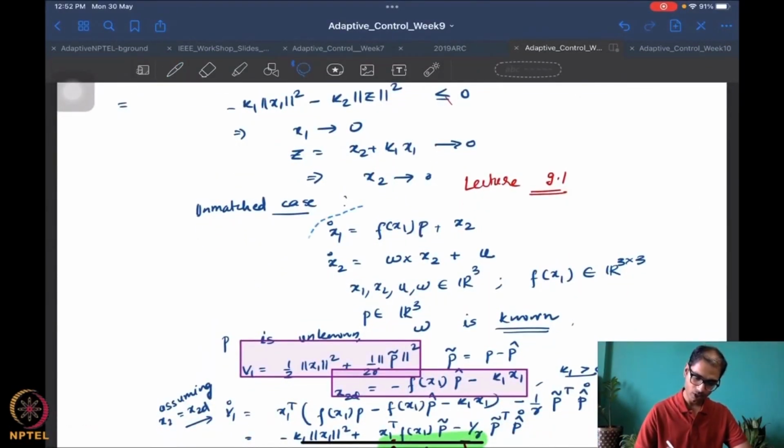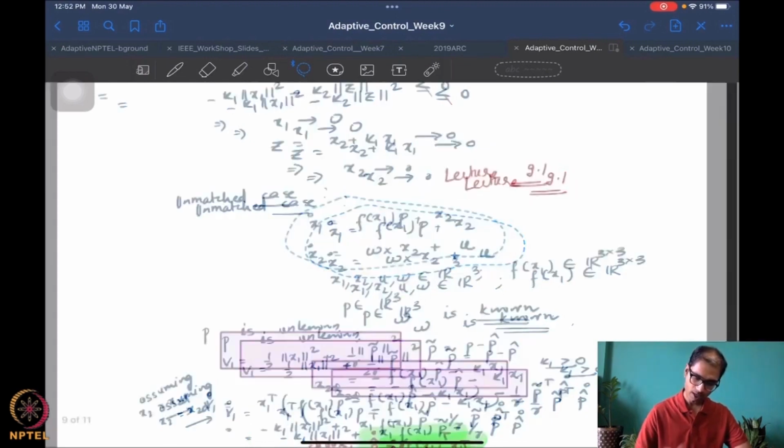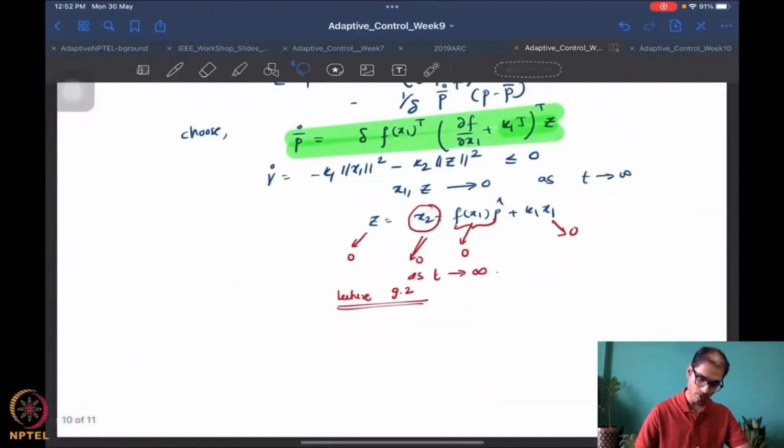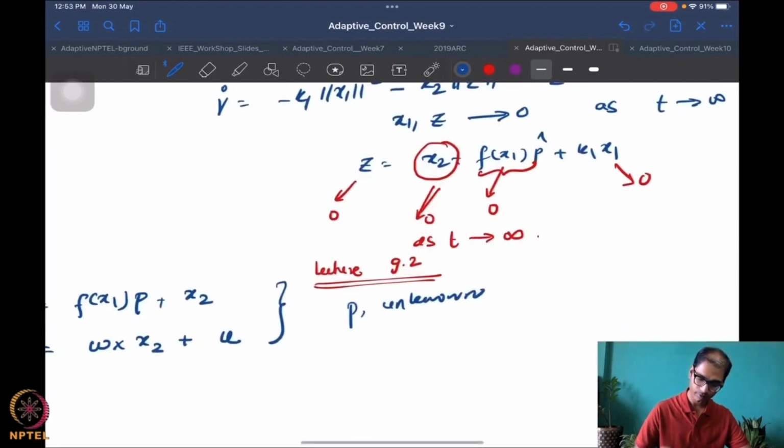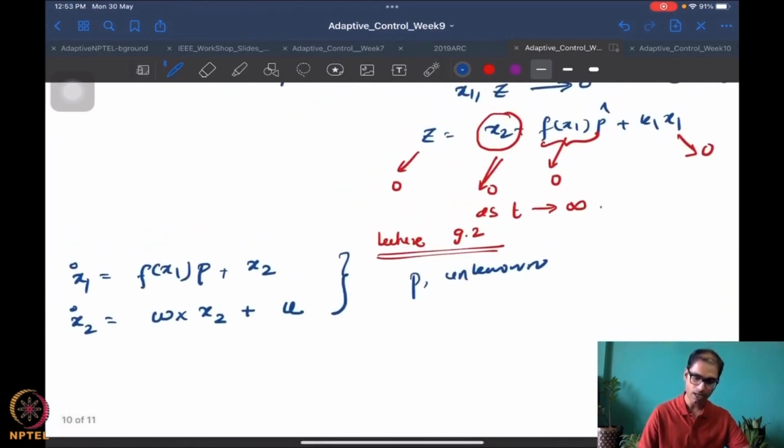Well, I'm going to cheat a little bit and copy. Okay, so I just paste it here, right? And for this system, I know that p is unknown, of course. P is assumed to be unknown.